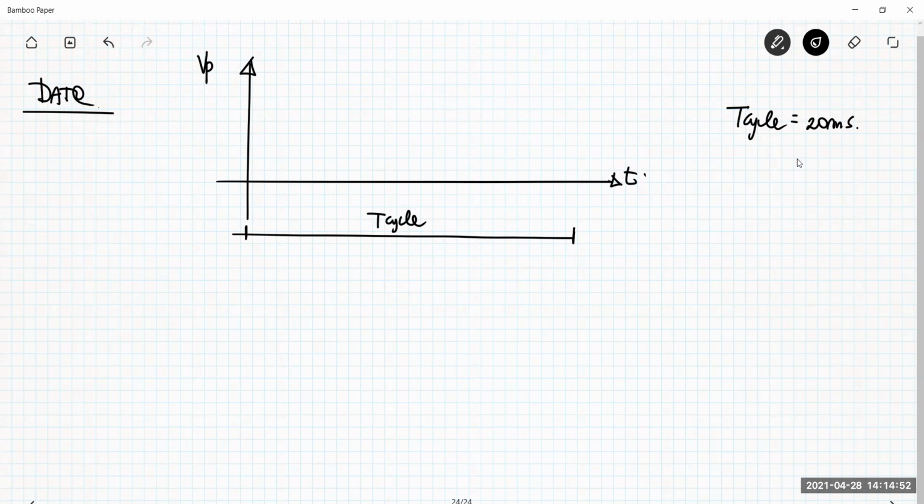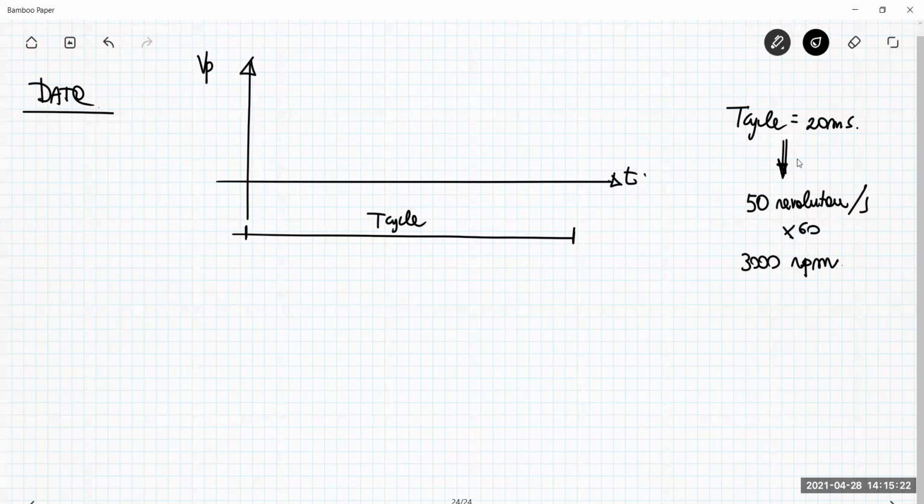What does it mean? 20 milliseconds means 50 revolutions per second. How many revolutions per minute? I have to multiply it by 60. So you have 3000 RPM.